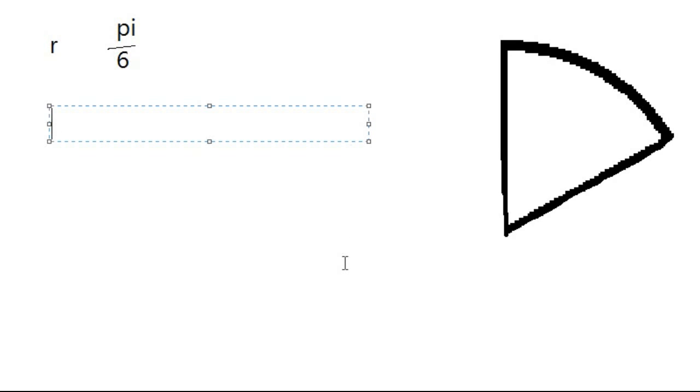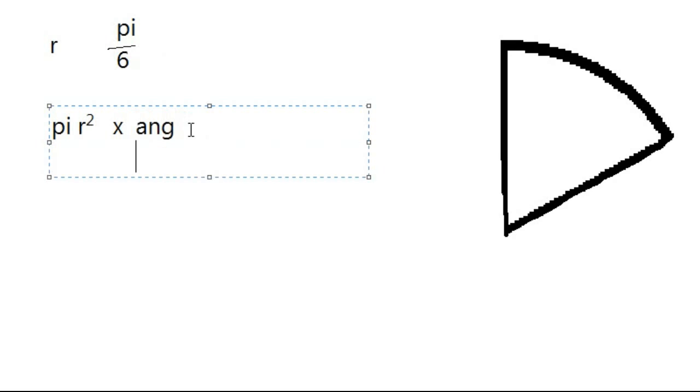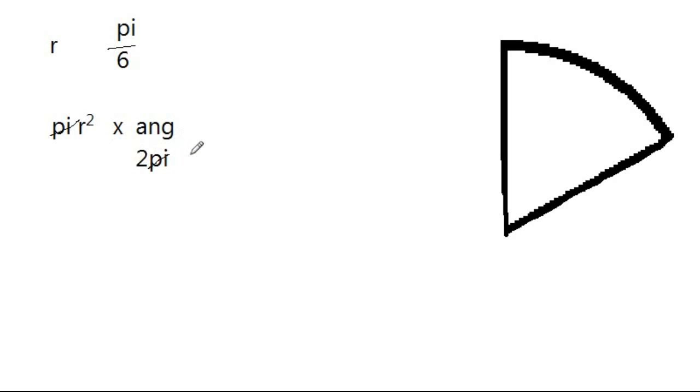So the area of a sector is pi r squared, and that multiply by the theta, which is pi over 6, so I'll just say angle divided by 2 pi. And the reason that radians are useful is because you will get 2 of the pi's and you can cancel them out, and so you're left with something relatively simple.